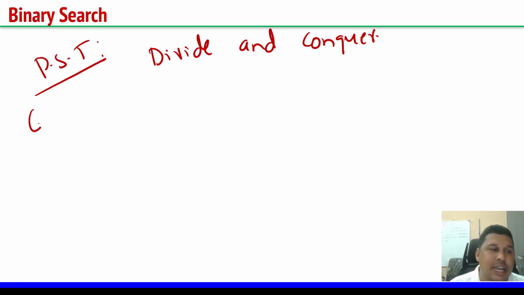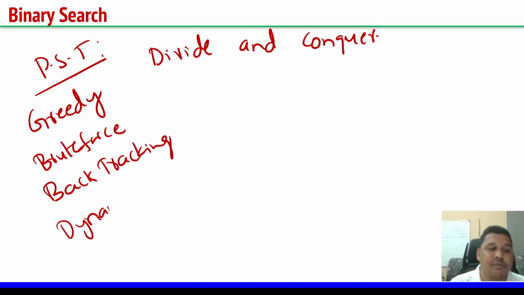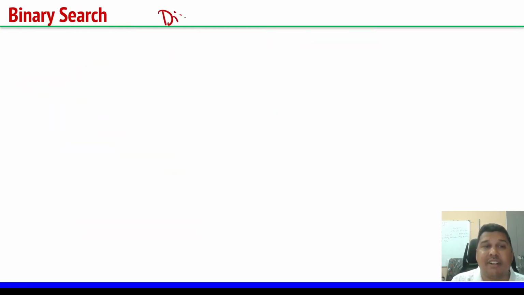I think you might have heard about greedy, brute force, backtracking, dynamic programming, and divide and conquer. These are problem solving techniques. This is required for you, and I think you will have a course in your curriculum. But the underlying technique behind binary search is divide and conquer.